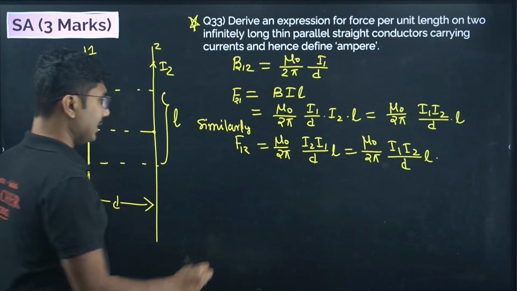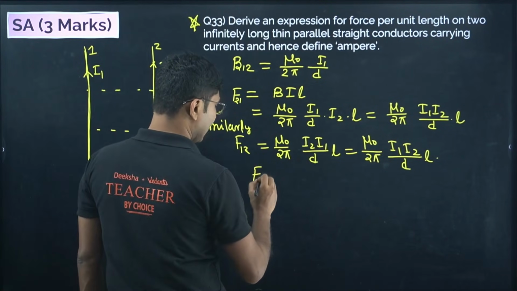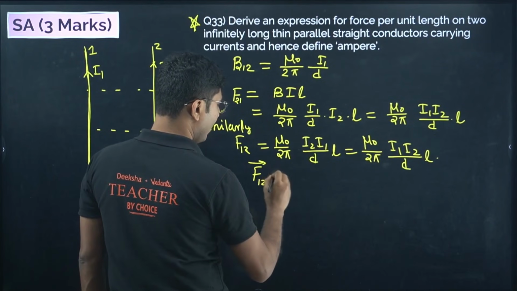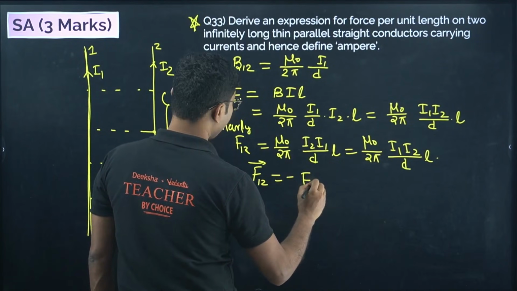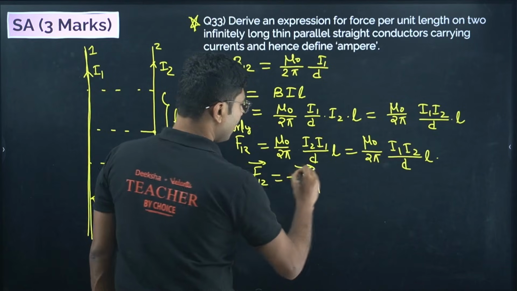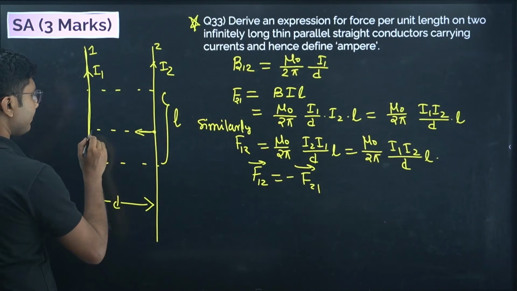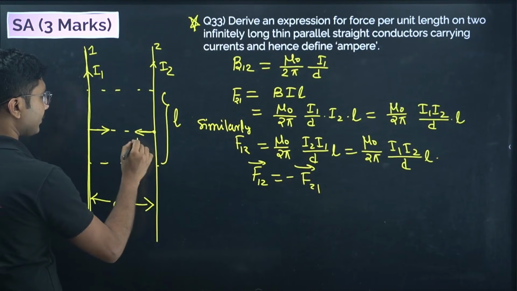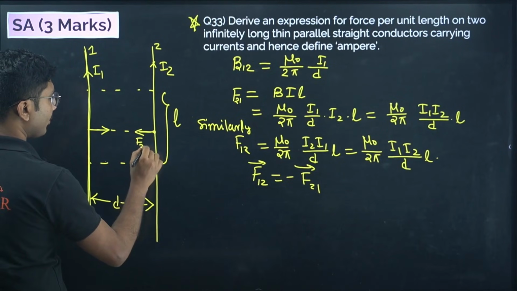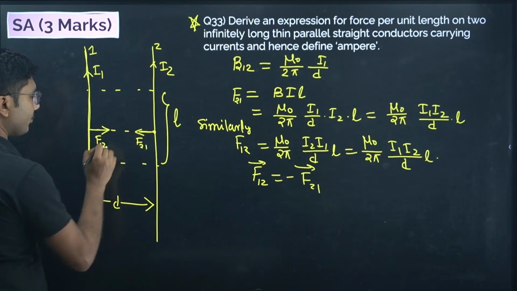Now vectorially, F12 is exactly opposite of F21. So if this force is trying to pull it in this direction, then this force will try to pull it in this direction. So this is F on 2 due to 1, this is F on 1 due to 2.